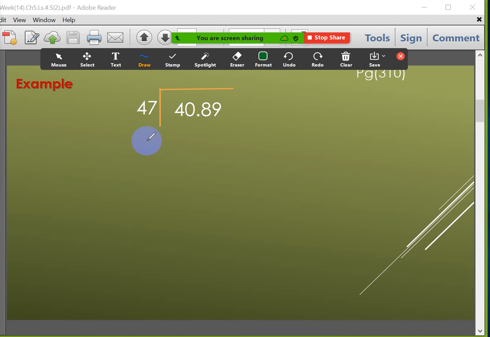Okay, first thing, what I have to do is the same strategy I told you, the same strategy as when we divide a whole number by a whole number in long division. So I will start from the first number on the left side, which is 4. I want to divide 4 by 47. Can I divide 4 by 47?